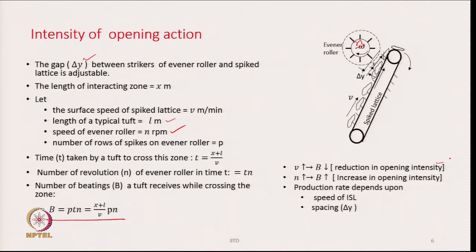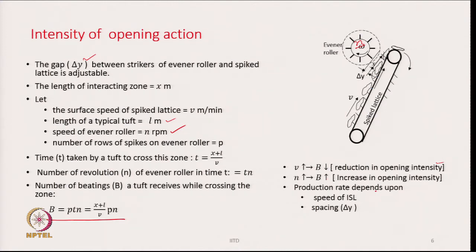If n is increased, if the Ebenard roller speed increases, keeping the rest of the things the same, then B is going to increase, and that will increase the opening intensity also. The other thing that can affect opening intensity is the gap delta y, which is not coming into this equation, but that can also affect the intensity of the opening.